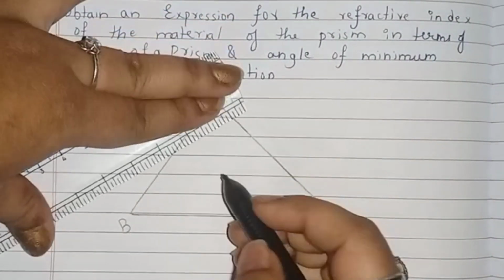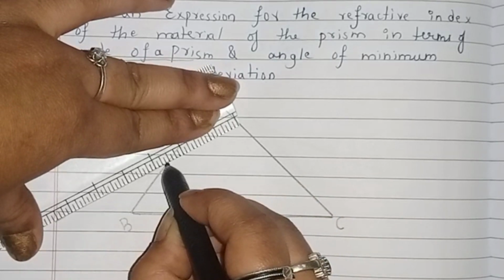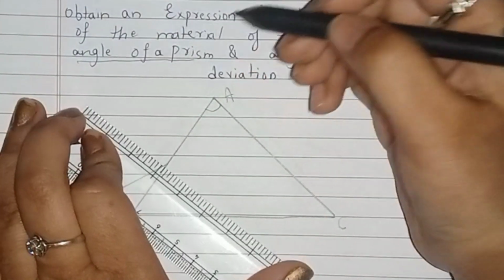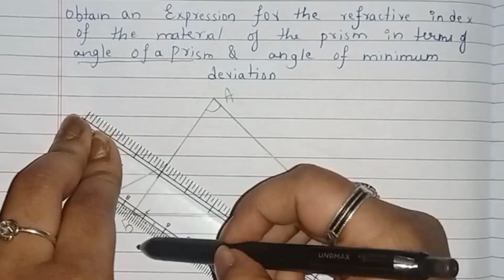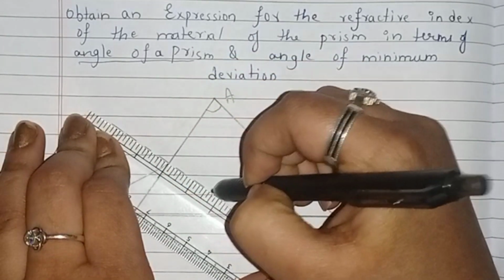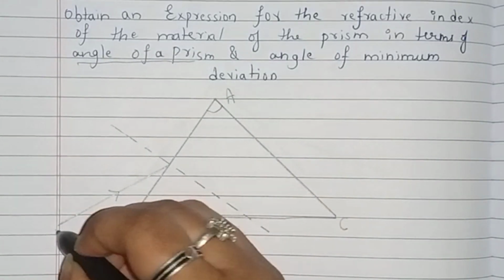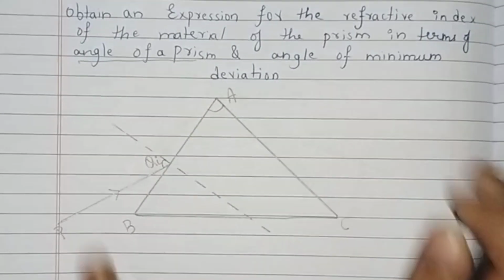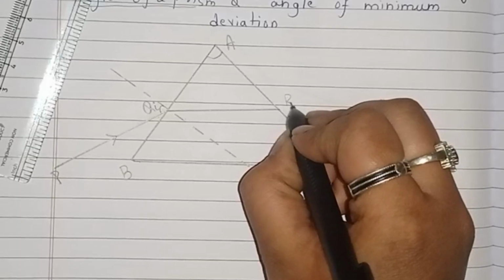So first we have to draw an angle of incidence. As soon as we draw a ray, we have to draw a normal which is exactly perpendicular to this surface AB. We have drawn a normal here. So this incident ray is PQ and the angle of incidence, then the refracted ray QR.